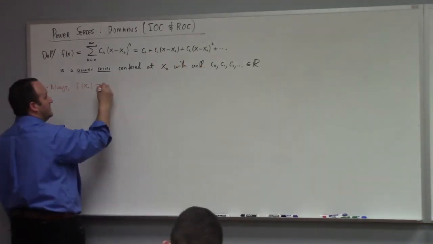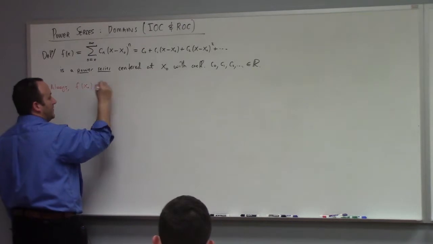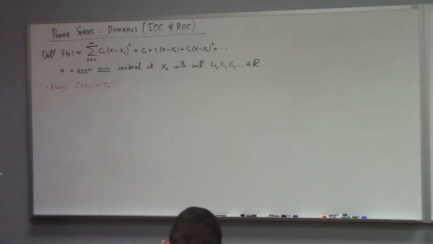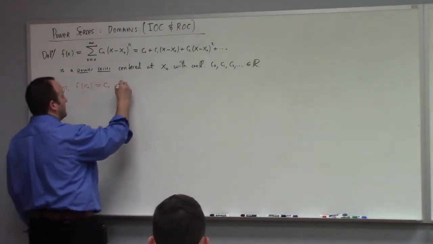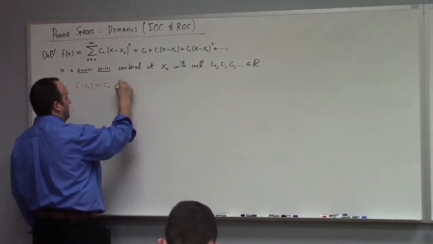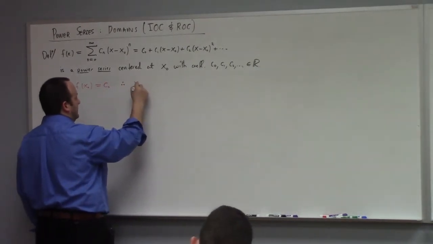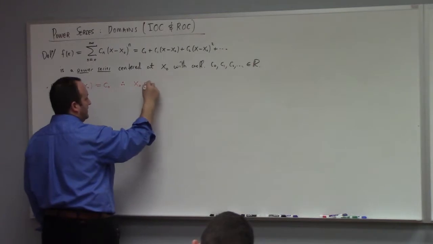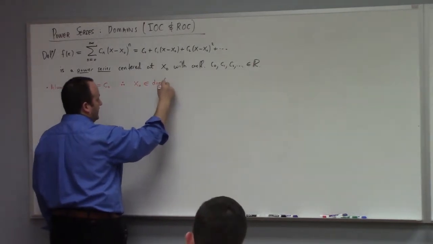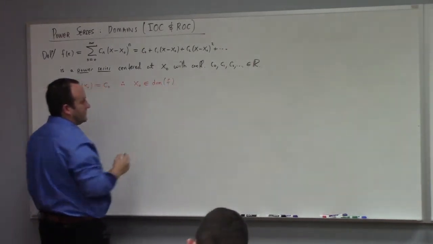It's just equal to the 0th term in the power series, the 0th coefficient, right? Which is to say that x naught is always in the domain. Therefore, that's what these three dots mean. Therefore, x naught is an element of the domain of f. All right?